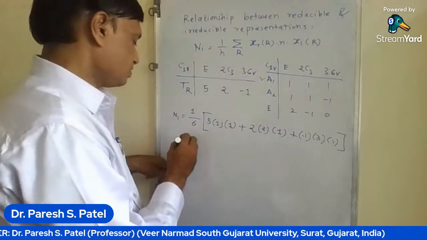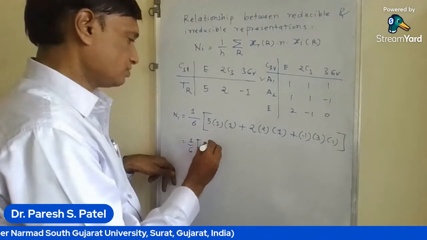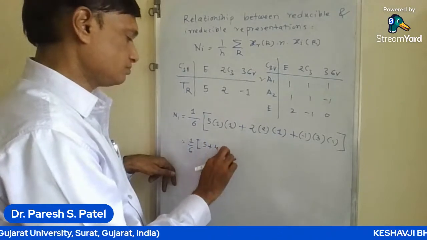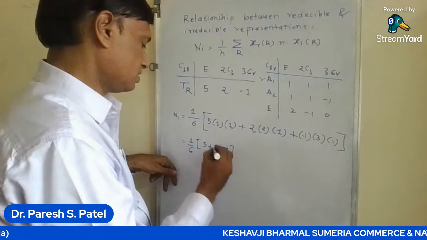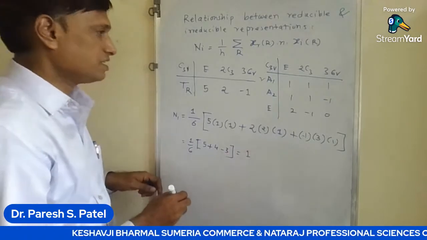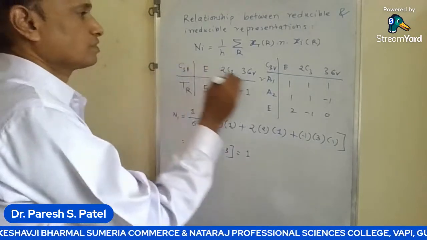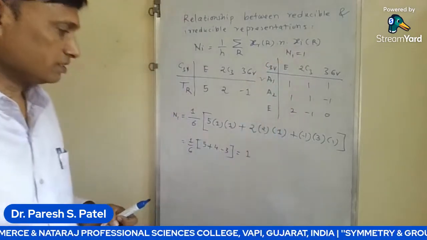So n1 is equal to 1 by 6, 5 plus 4 minus 3, which is equal to 6 divided by 6, which is 1. So the value for n1 is equal to 1.